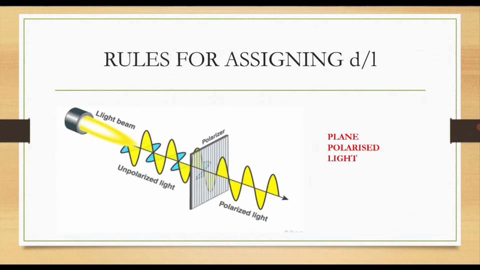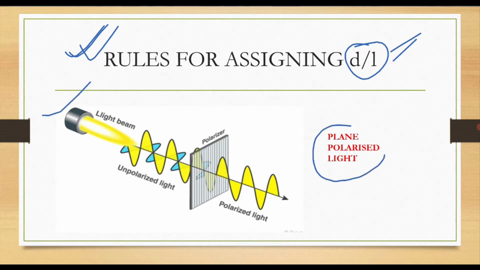Next, the rule for assigning small d and small l. For some students it is a little bit confusing, but we are going to clear all doubts here. So listen carefully. For doing this, first we have to learn about plane polarized light. Say here a light beam is coming with different wavelengths and different components in x, y, z, electric and magnetic field components, all is there.